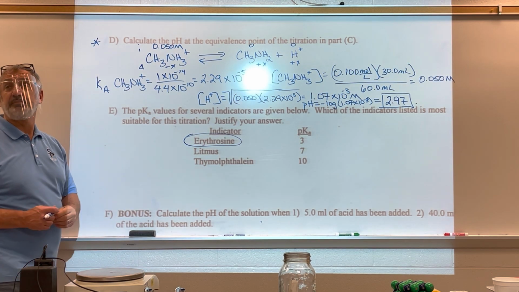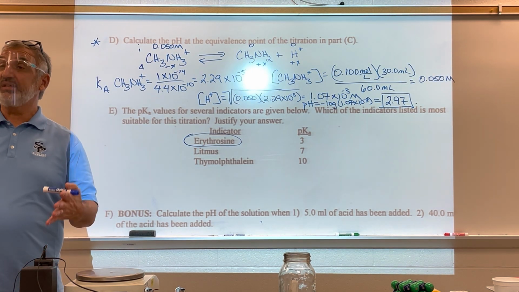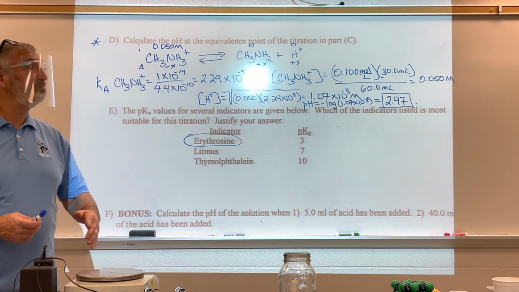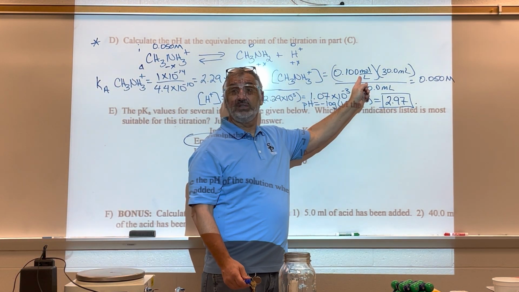Yes, ma'am. So the part B, like on the example problem we did in class, you calculated the concentration of the salt by saying moles of acid added. It's going to be the exact same thing, because at the equivalence point, moles of acid equals moles of base, so you can pick either one. I just picked the given information.